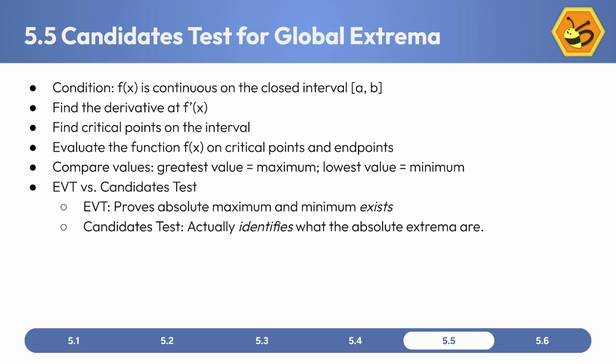So most of the time, I would first use EVT to prove that a max and minimum exist, and then I would just plug in the critical points and endpoints. So typically you should cite the extreme value theorem. However, for the candidates test, since it's a test and not a theorem, you can just do it without having to cite it, if that makes sense.